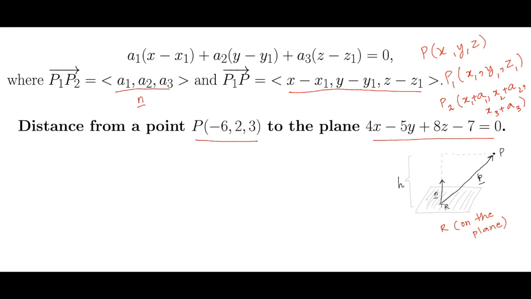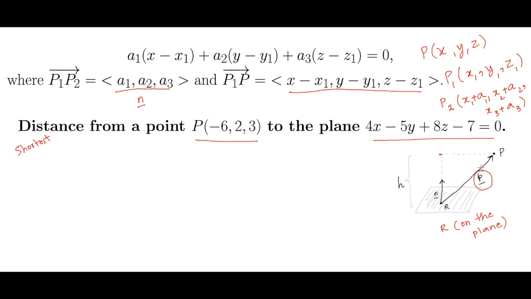The vector from R to P is our P vector, and n is the normal vector. From the diagram, if we take the component of P along the direction of n, what we are interested in is the distance from this point to this point. This is the shortest distance, right? When we say distance, it means shortest distance.